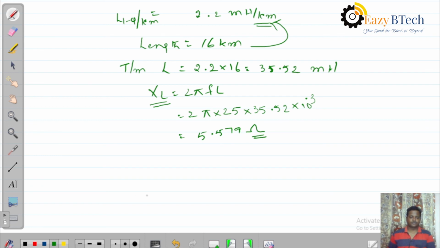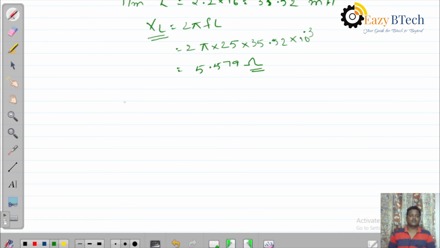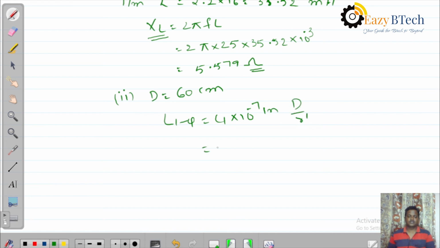In case 2, what is the value of D? Now D equals 60 centimeters. Then the single phase loop inductance formula is 4 into 10 power minus 7 ln d by r dash. This equals 4 into 10 power minus 7 ln 60 divided by r dash, where r dash is 0.7788 into 0.6.